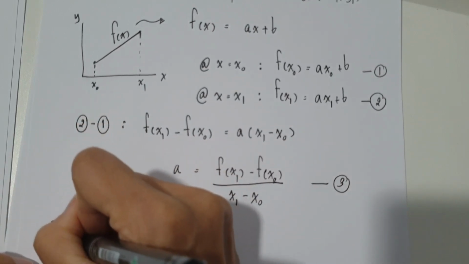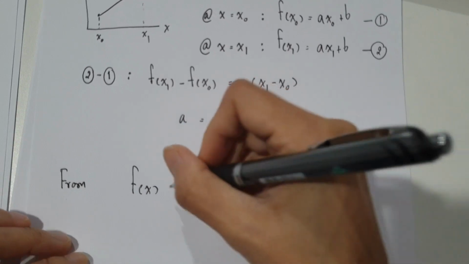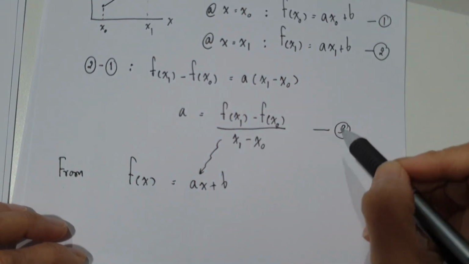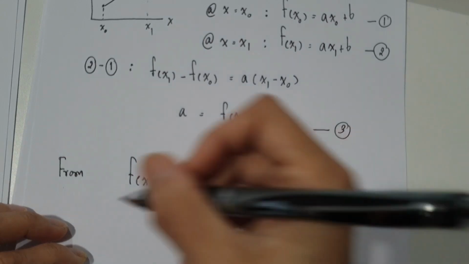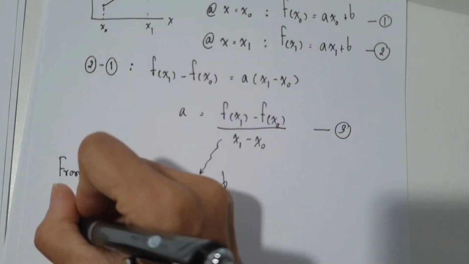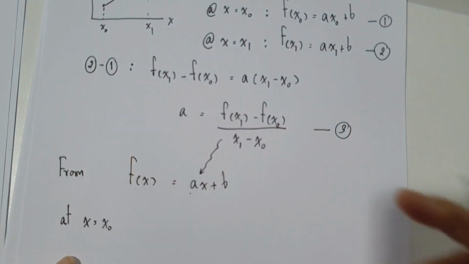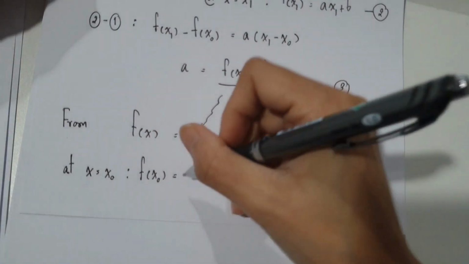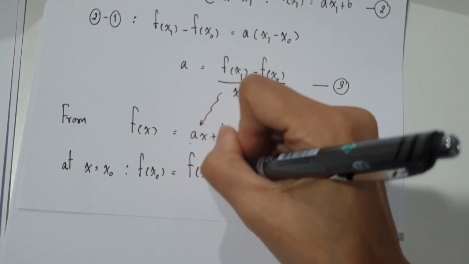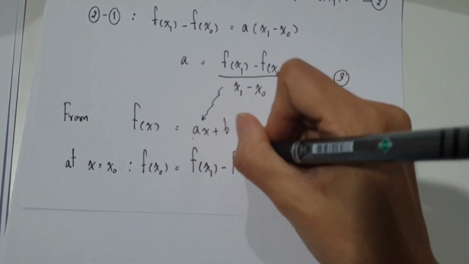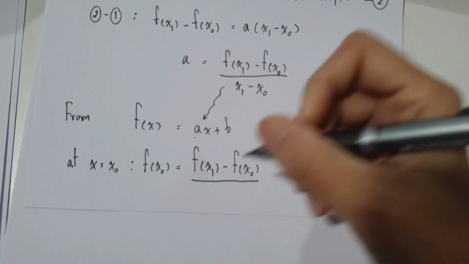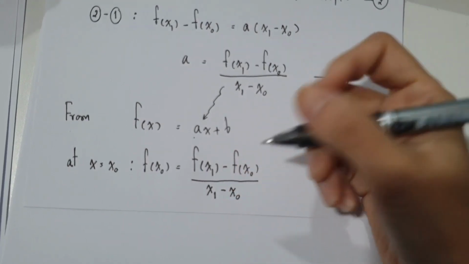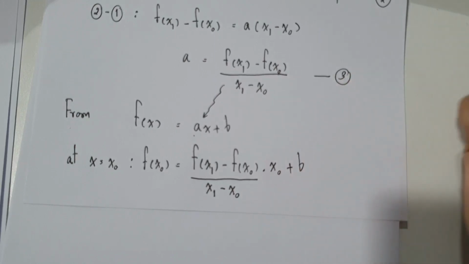Of course, from f(x) equal to ax plus b, if you substitute equation 3 for the a term, at x equal to x0, we get f(x0) equal to (f(x1) minus f(x0)) over (x1 minus x0) times x0 plus b, right?